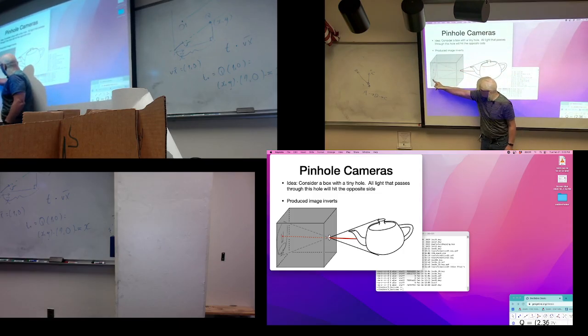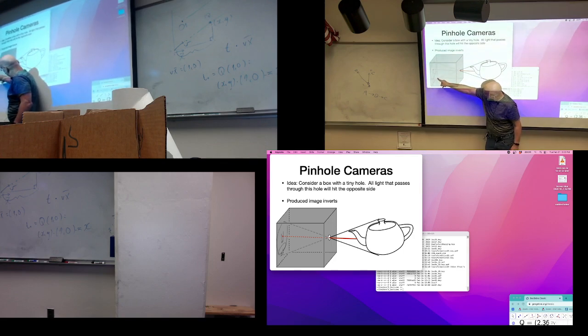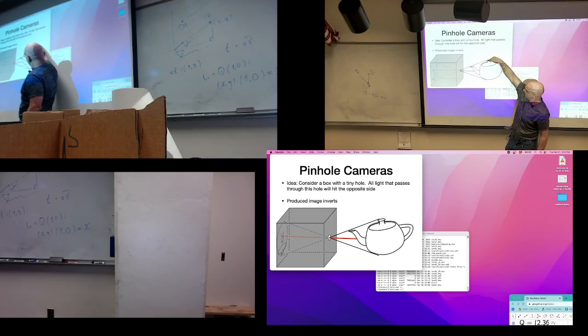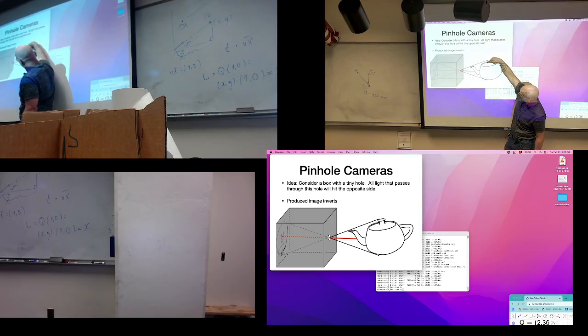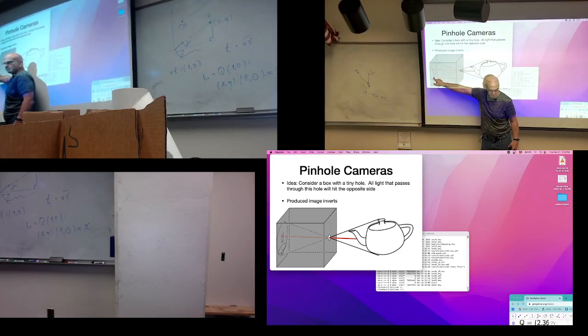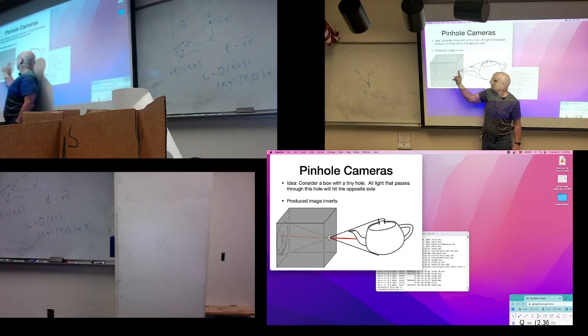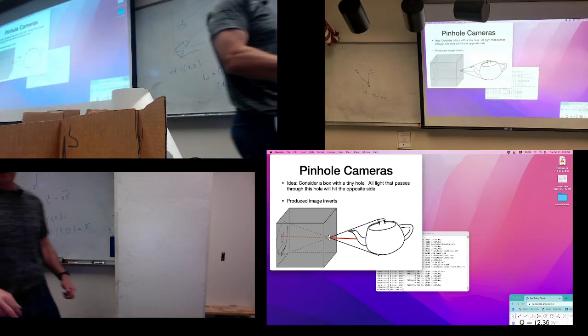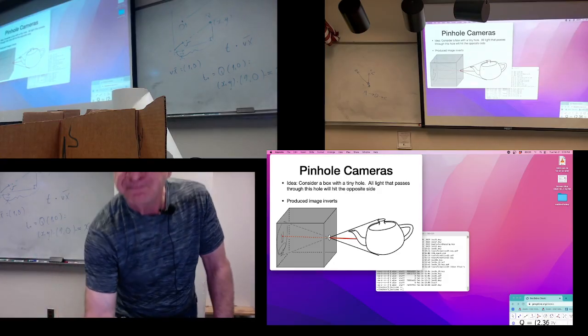To know what color will be rendered on this pixel, that's my display, I'll shoot a ray from this pixel through the hole until I hit one of the objects, the cup of the Stanford teapot, and that's the color that will appear right here. Make sense? I'll do it for each one of these pixels, and this hole has infinitely small size, and then it works.